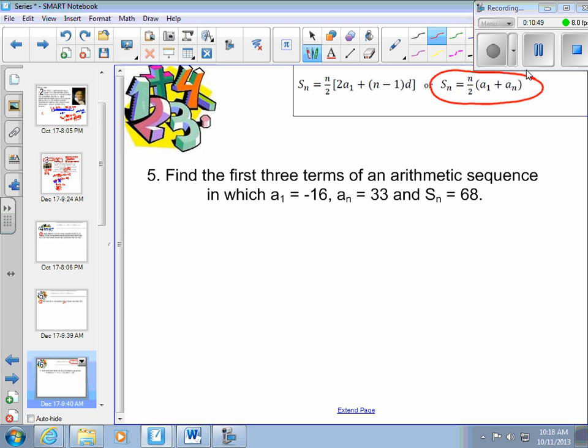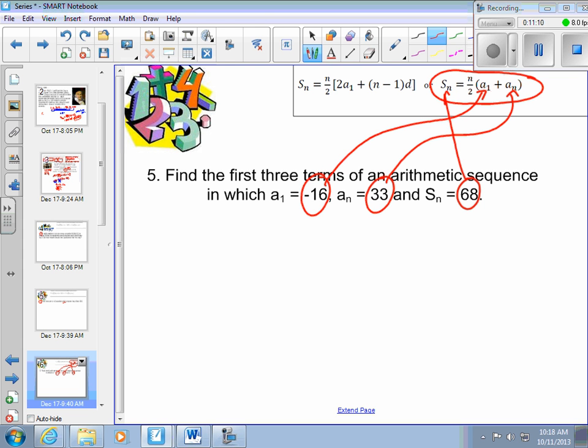Our sum would be 68. That's going to plug in there. 33 is our last term. We can put that in there. Negative 16 is the first term. The one thing we don't know is n. So we should be able to solve for n and figure out the number of terms.